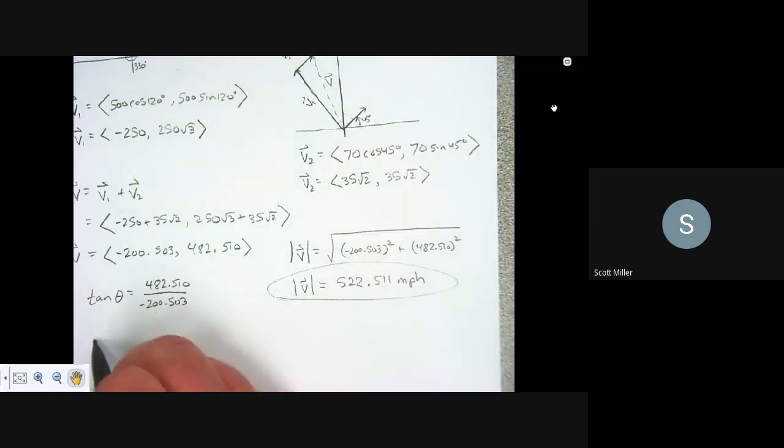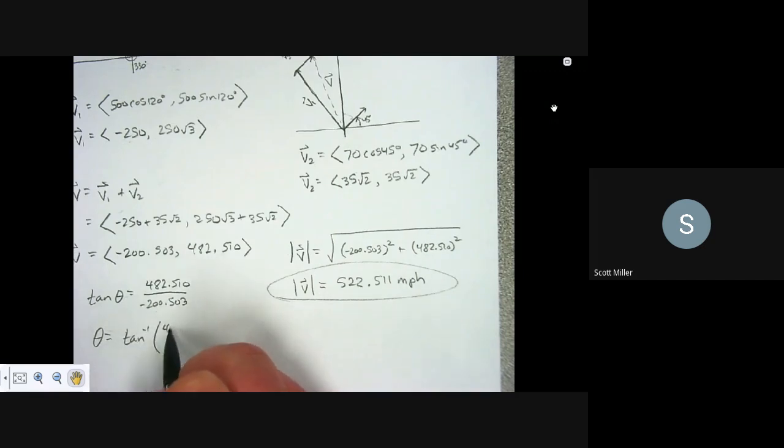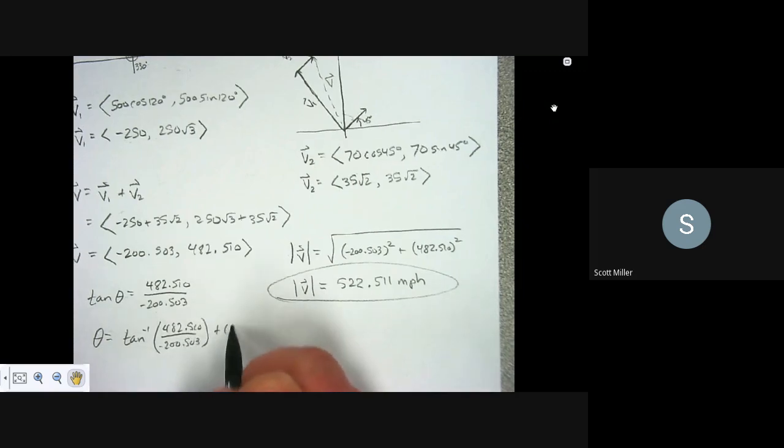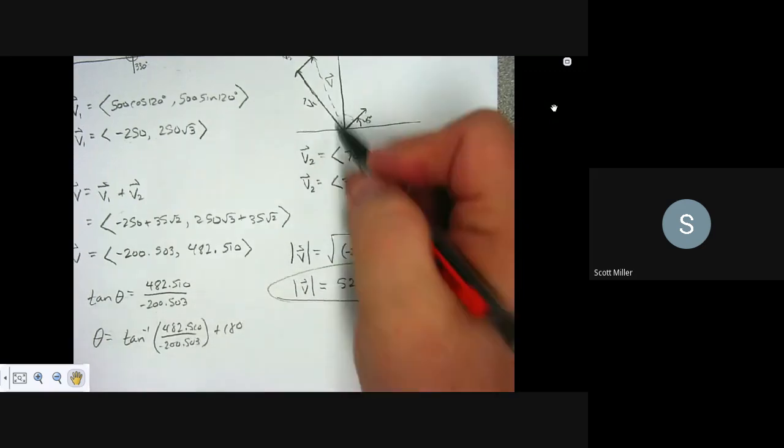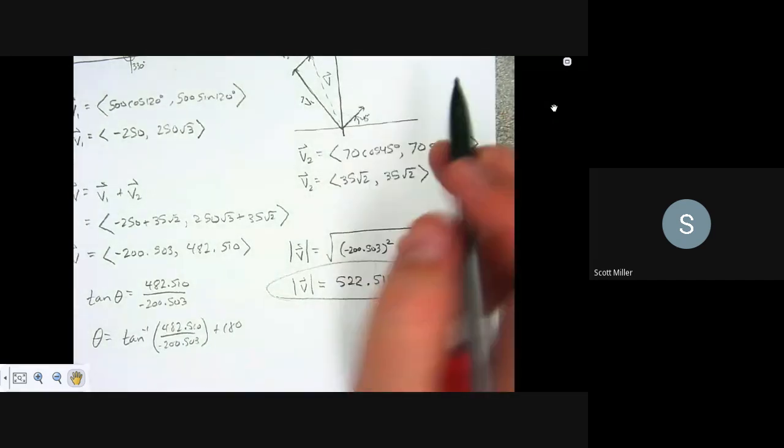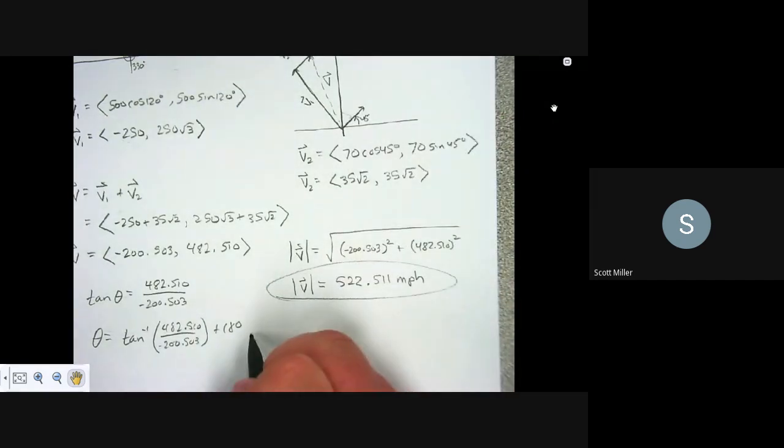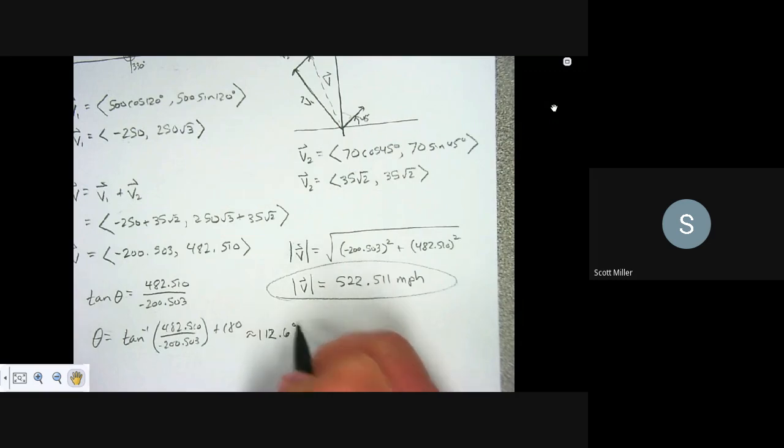So we're going to have to take the inverse tangent of this angle right here, 510 over this, and add the 180 to get us back on the direction that we're traveling in quadrant 2. And when I do that, I'm going to get 112.6 degrees.